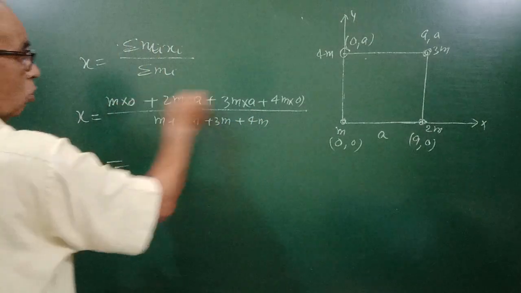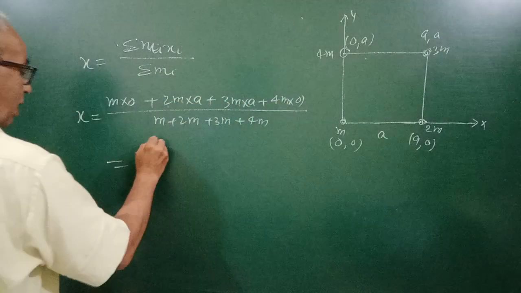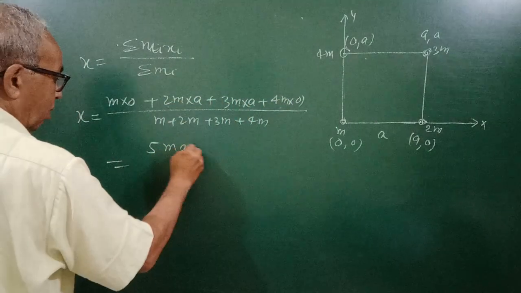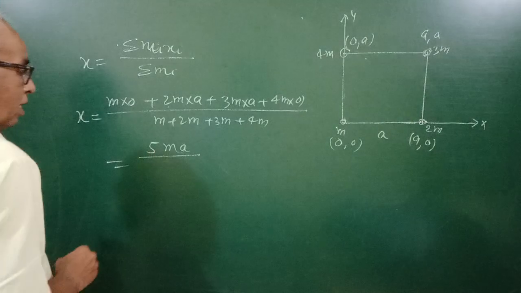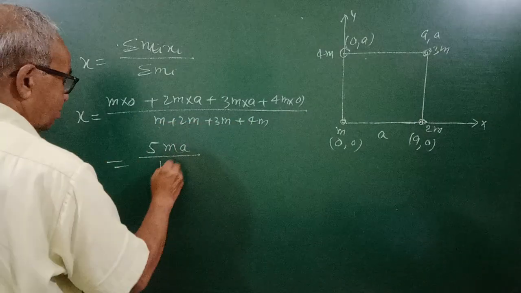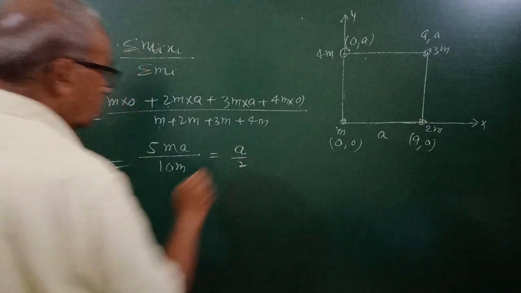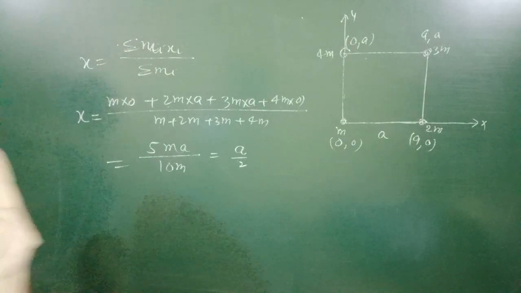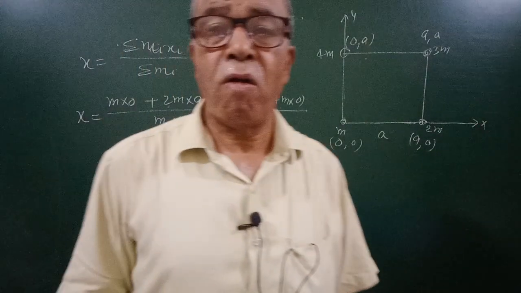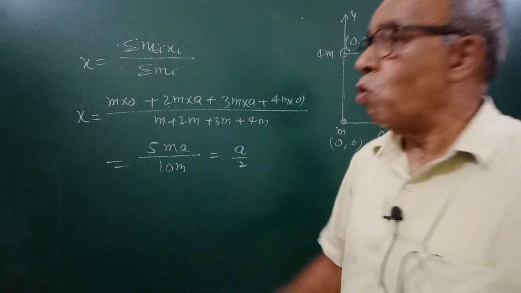It comes to 0, this 0, 2 plus 3, 5, 5ma upon 10m. So it is a by 2. The x coordinate of the center of mass is a by 2.